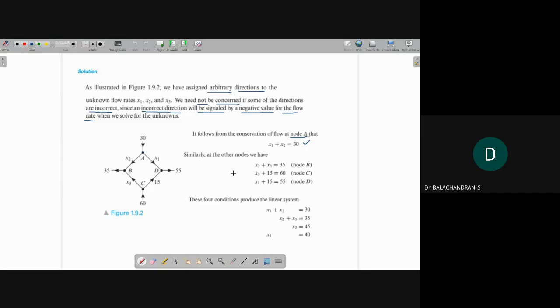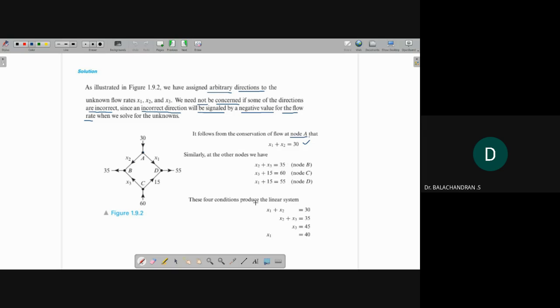Next, node C: x3 plus 15 equals 60. Node D: x1 plus 15, both of them are going into D, is equal to 55.